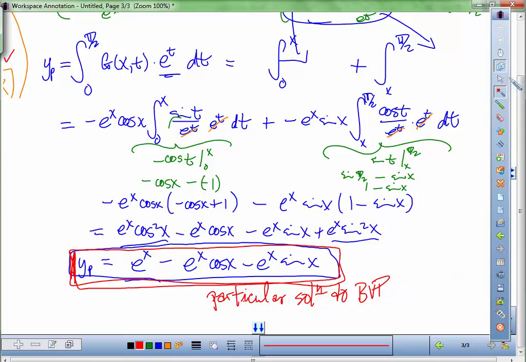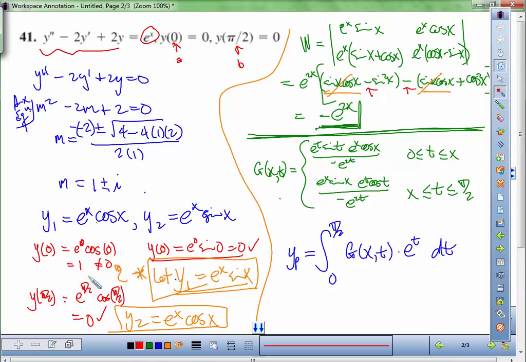Yeah, well, we kind of took care of those questions over here where we figured out the Y1 and Y2 business, and then we got them to equal 0 at one of the boundaries.